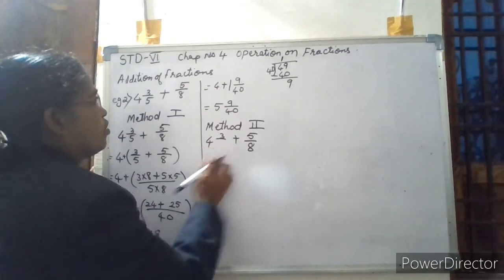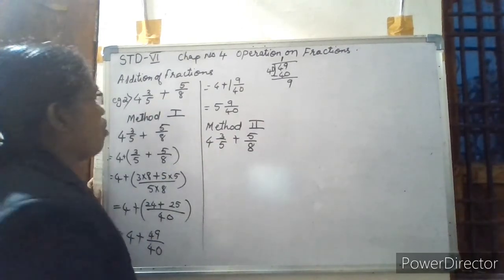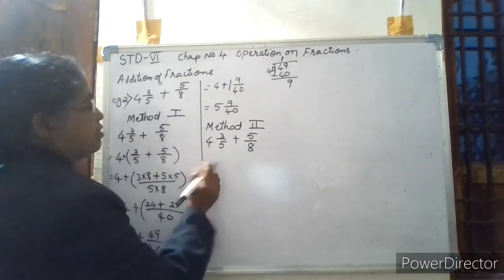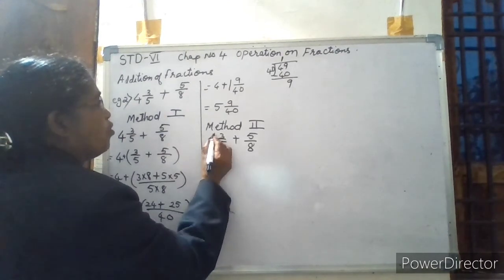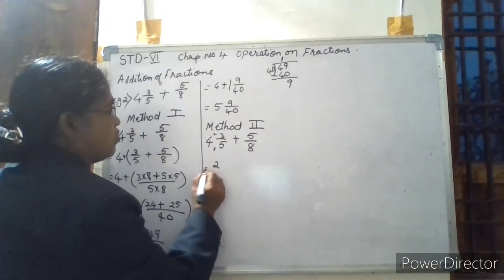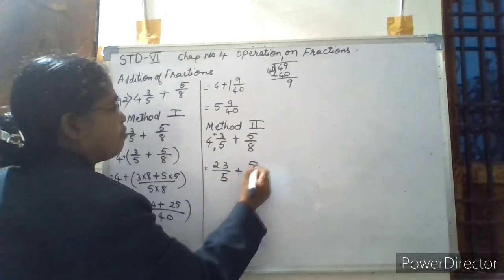Multiply, plus: 4 5s are 20, 20 plus 3 is 23. 23 by 5 plus 5 by 8.